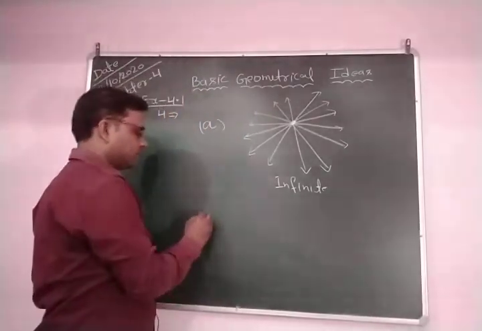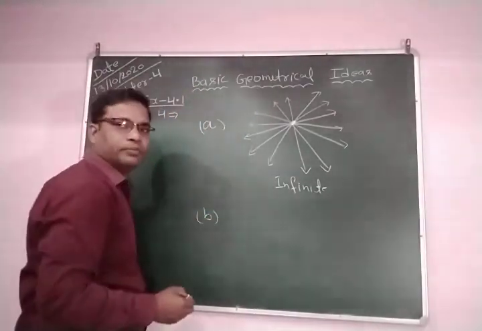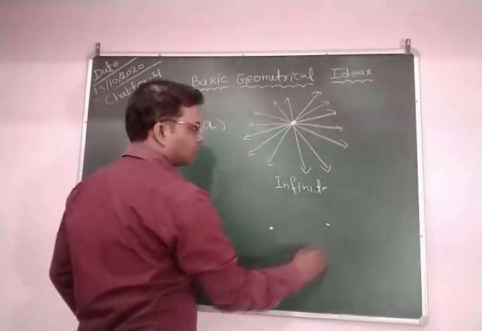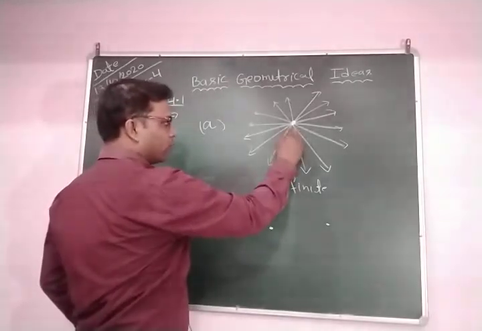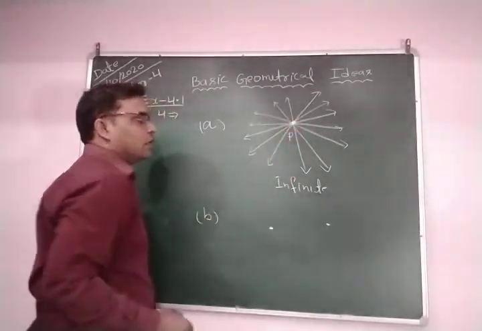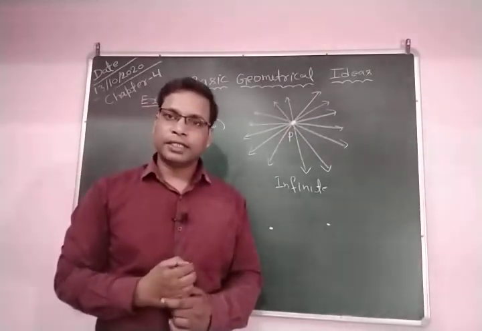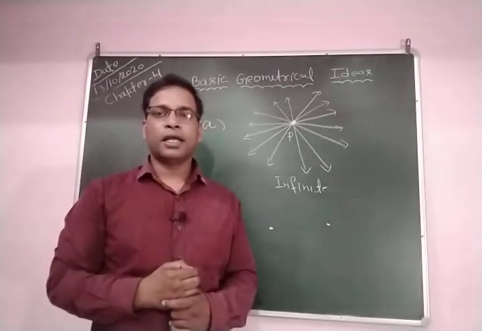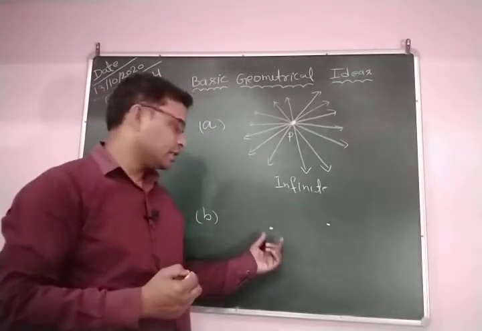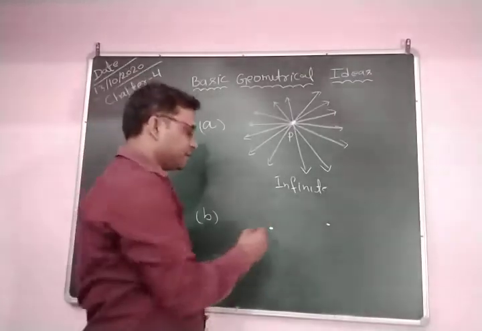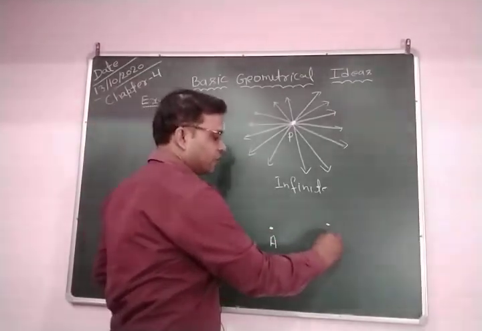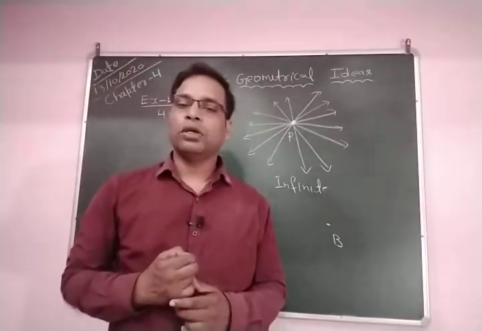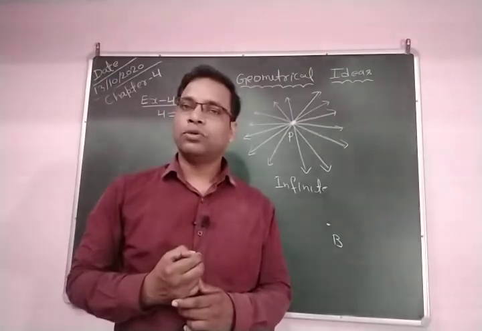The next part is part B, two given points. How many lines can be passed through two given points? Suppose this is point P. At point P, which is a given point, unlimited or infinite lines can pass. But here two points are given, point A and point B. So how many lines can pass through two given points?